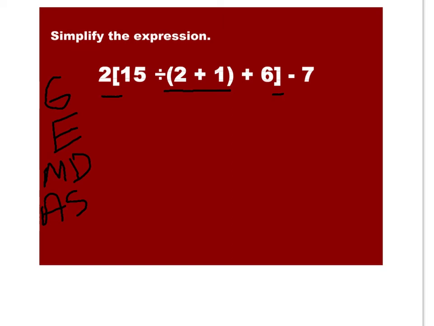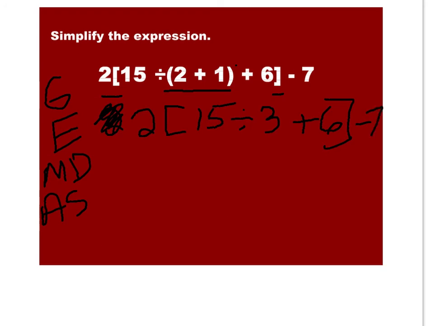So what we're going to do is bring down the 2, and then bring down the bracket, and we'll say 15 divided by 2 plus 1 is 3 plus 6 minus 7, so bring that down.